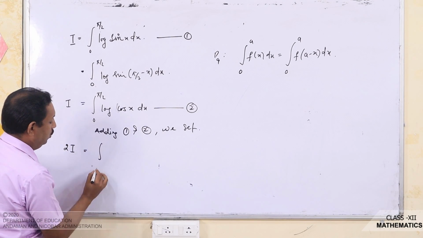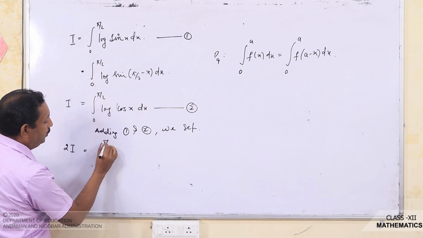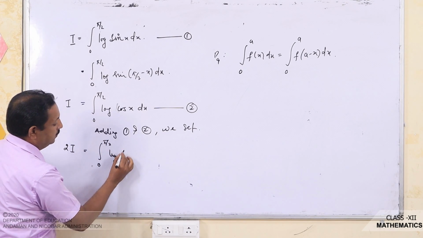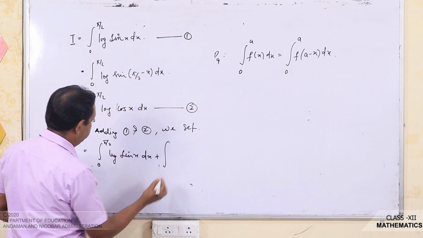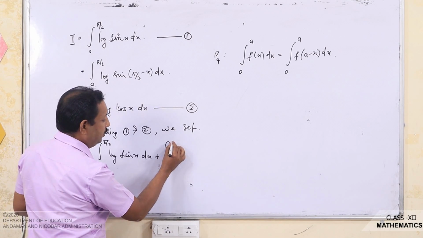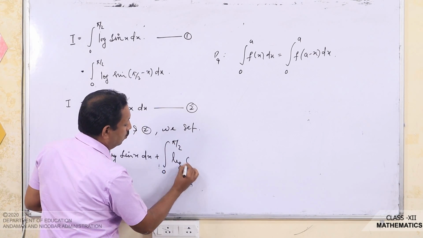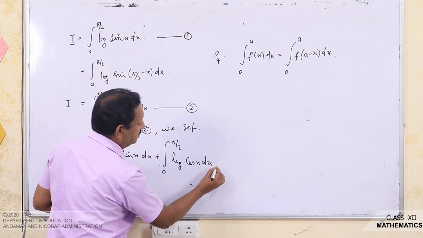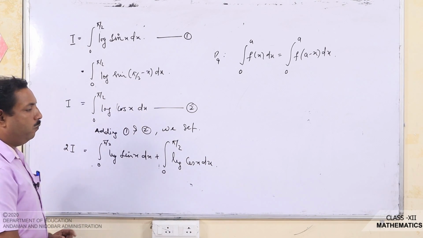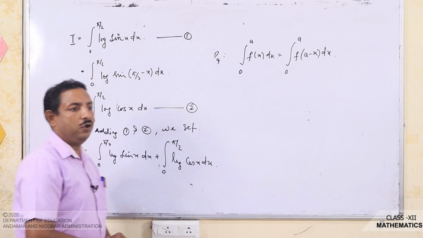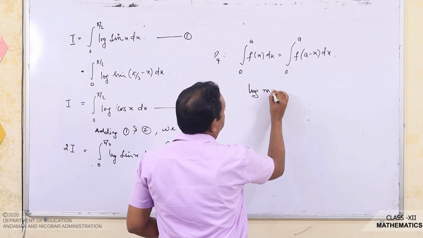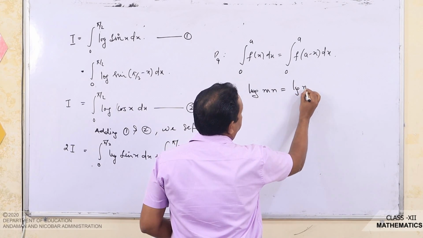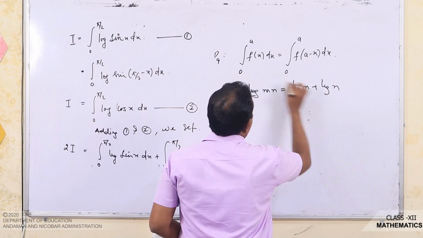This is equal to integration of 0 to pi by 2 of log of sin x dx plus integration of 0 to pi by 2 of log of cos x dx. Now, we all know the property of logarithm, that log mn equals log m plus log n.